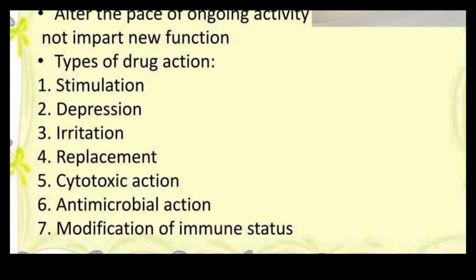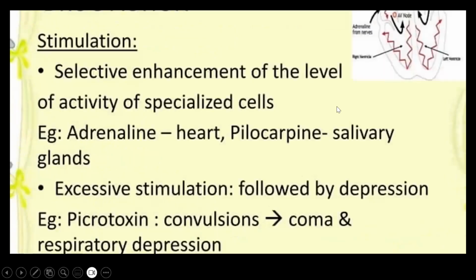The first type of drug action is stimulation. It refers to selective enhancement of the level of activity of specified cells, like adrenaline stimulates the heart, pilocarpine stimulates salivary glands.